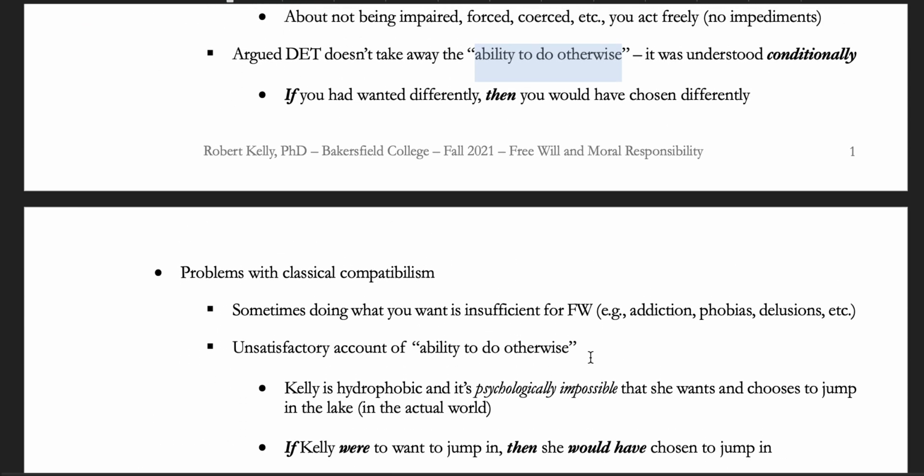But now there were some problems, and I think we've talked about this a little bit in some of the other lectures, but sometimes just doing what you want is not enough for free will, right? Addicts, people with phobias, other kinds of mental disorders, delusions: sometimes part of the nature of the mental disorder is that you have certain desires that you can't control and that are kind of what we'll call alien to you. Right?